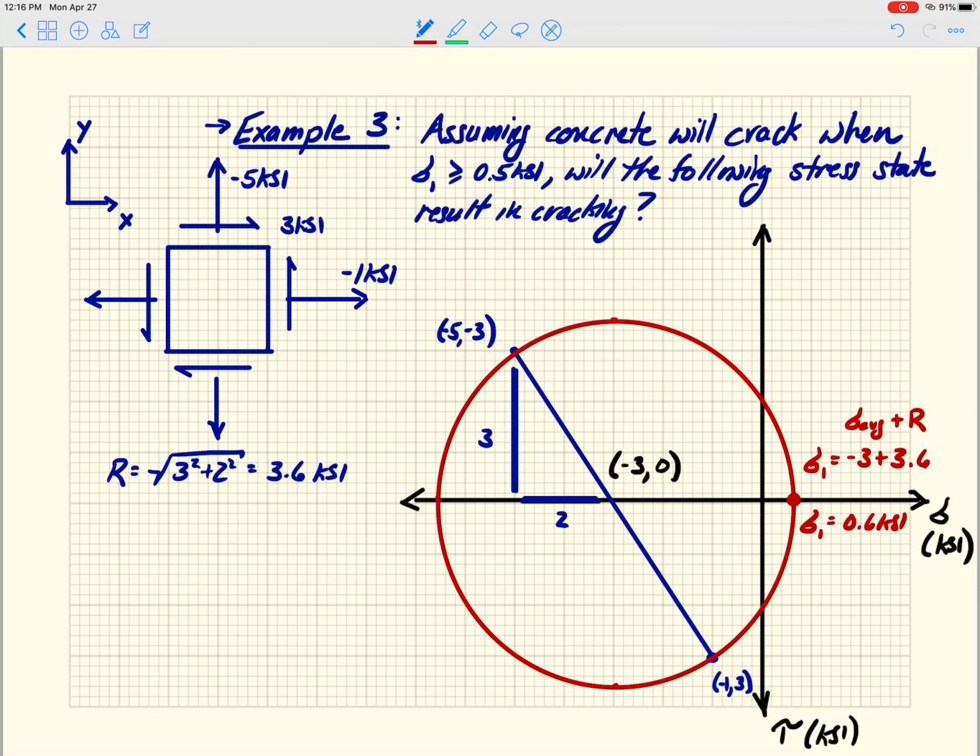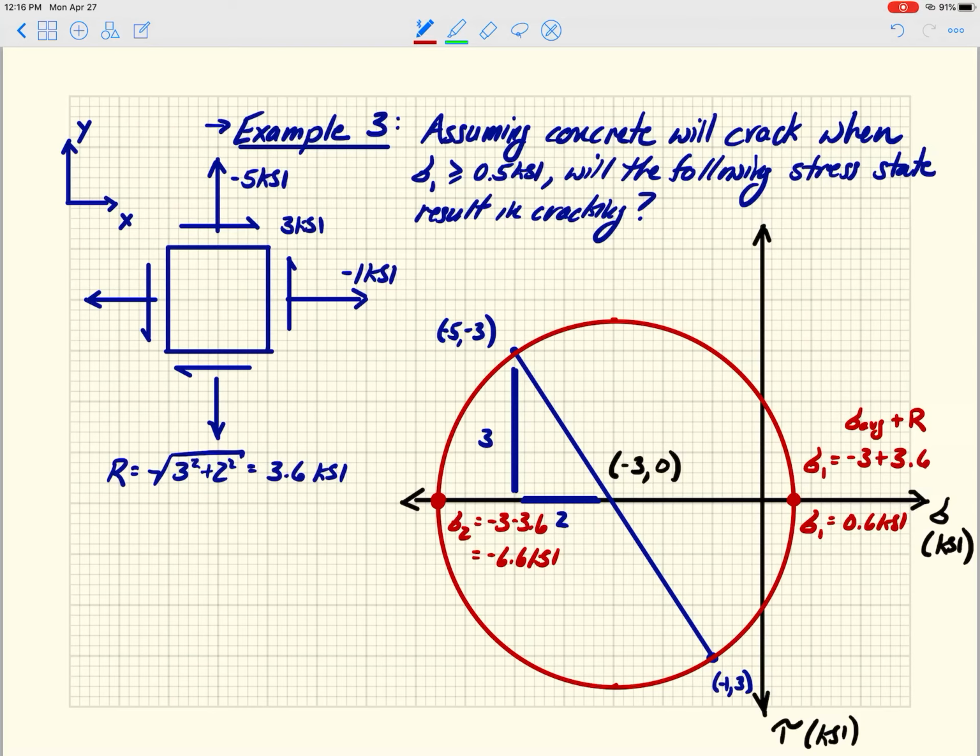And you can also come over here if we cared, and write that sigma 2 actually equals -3 minus 3.6, and that would be -6.6 KSI, just like that. So those are my extremes.